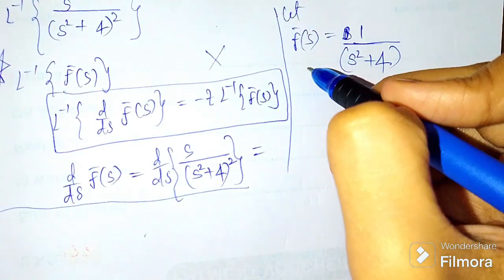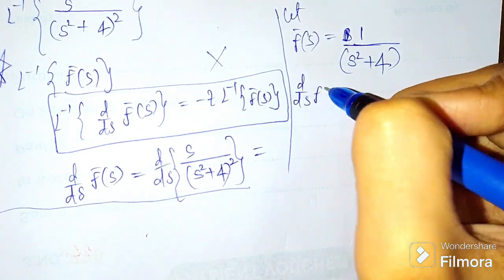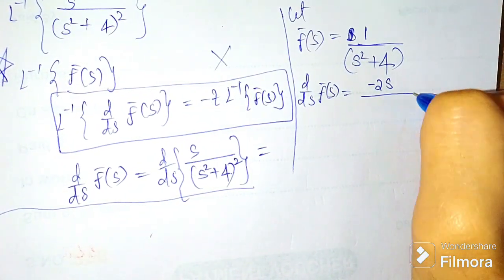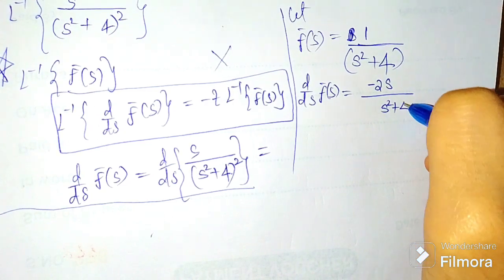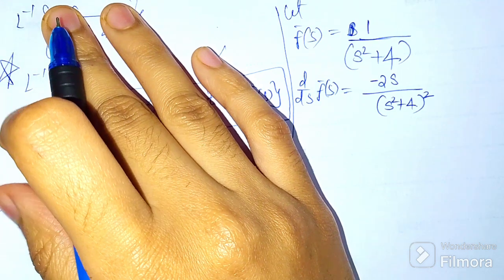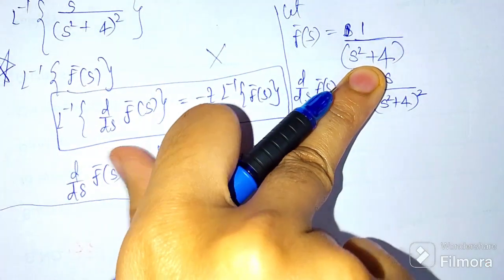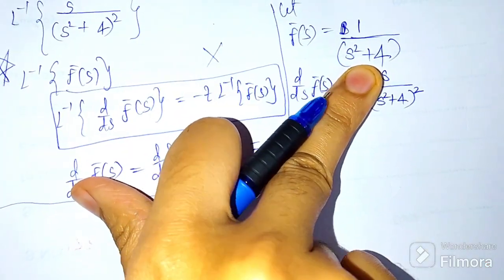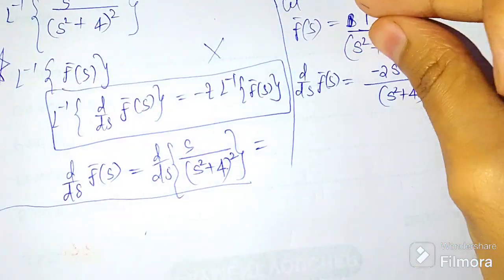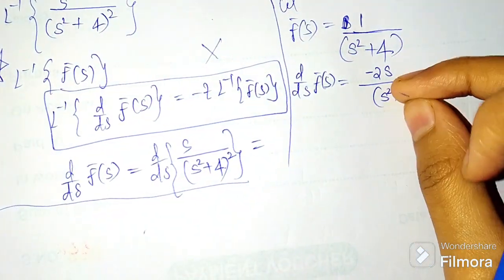Then what will be your derivative? You will get minus 2s by s square plus 4 whole square. So it is getting created. If you take out minus 2, your question is created. So when this question is created, if you take only one piece, then you have to do these sums this way.